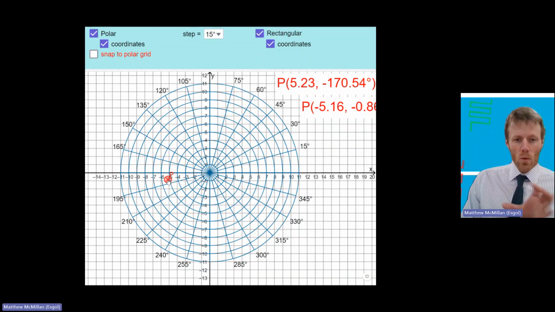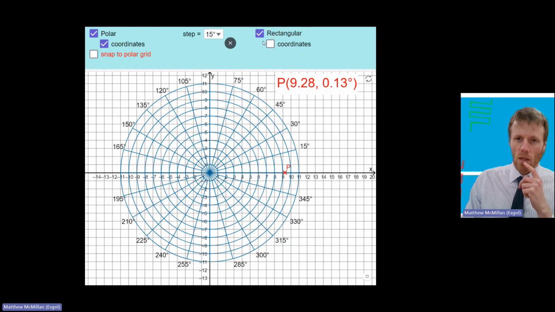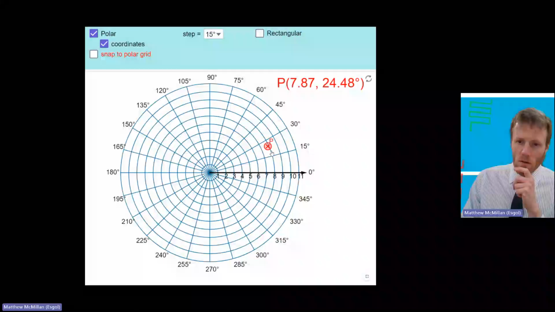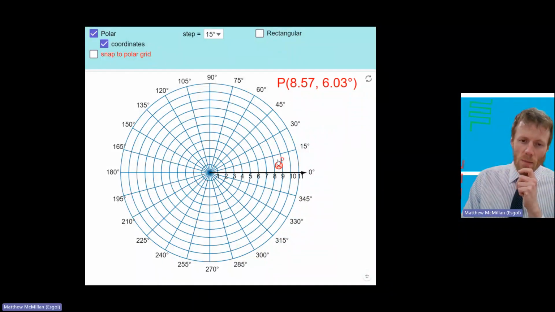So the exam may present this in 2 different ways. If we start at 0 degrees, in fact, I'll turn the rectangular one off, we could go backwards and get negative degrees, or we could go forwards and get positive degrees. They won't really mind.